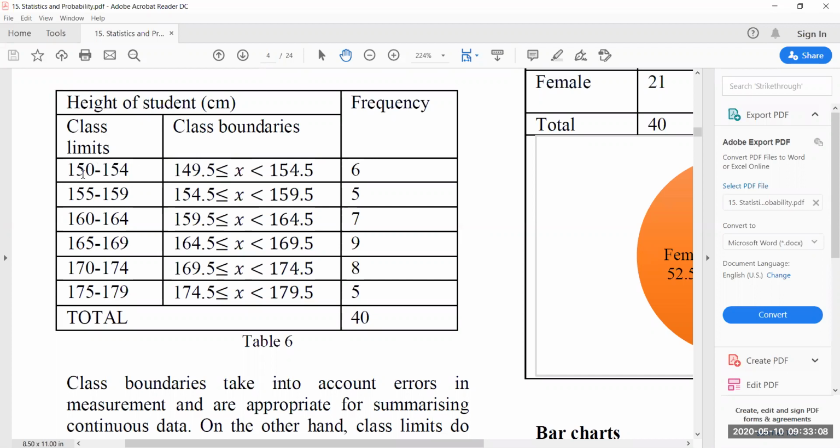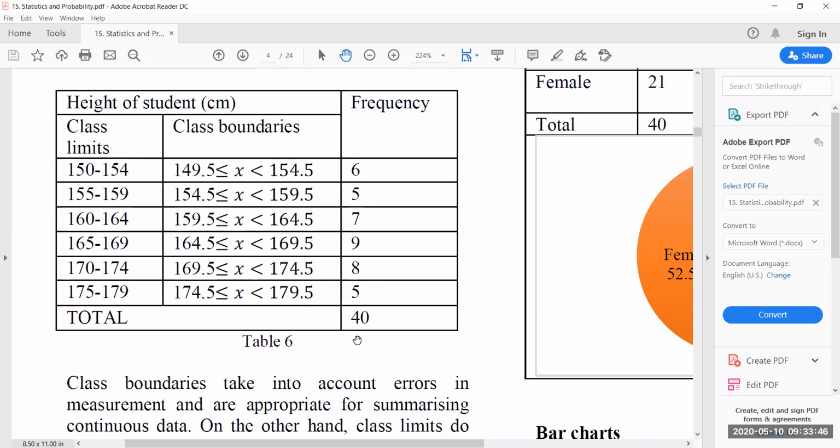So 150 take away 0.5 will give you 149.5. 154 plus 0.5 will give you 154.5, as you can see here. 0.5 less than 155 will be 154.5, which is this one here, and 0.5 more than the upper class boundary will be 159.5. 0.5 less than 160 is 159.5. 0.5 more than 164 is 164.5, which is what we have here. You see it?